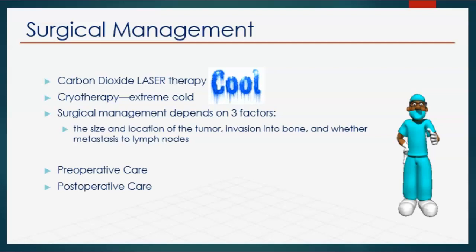So surgical management depends on those three factors: the size and location of the tumor. Has it invaded the bone, or has it metastasized to the lymph nodes? One type of procedure is called a composite resection. It includes a partial or total glossectomy and partial mandibulectomy.